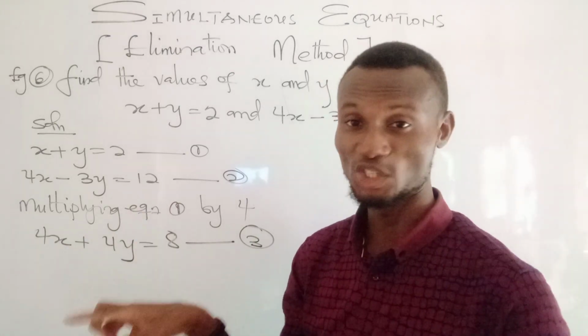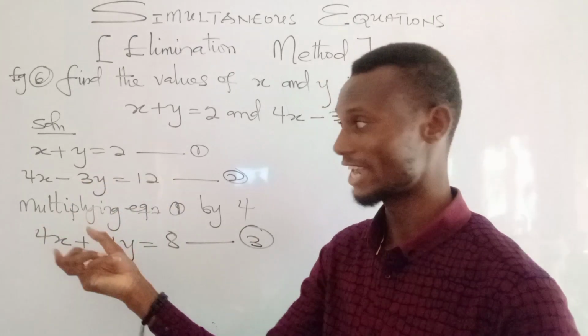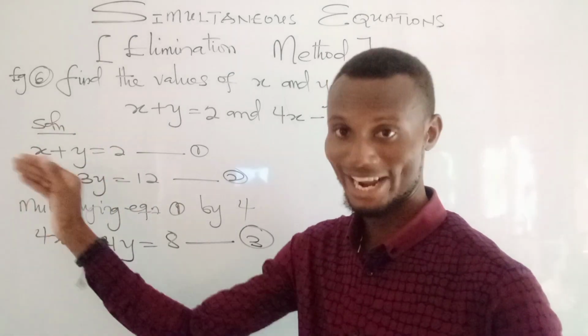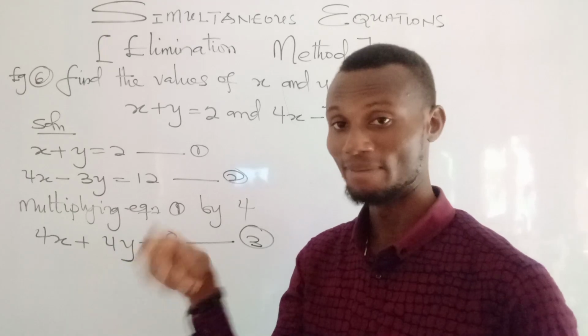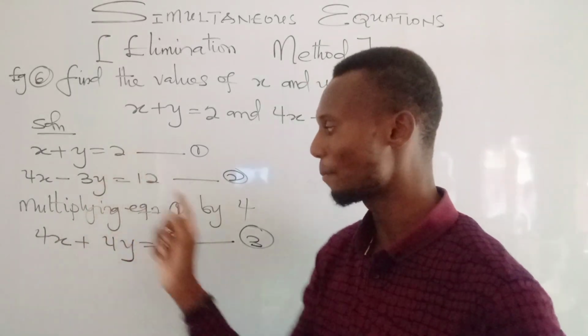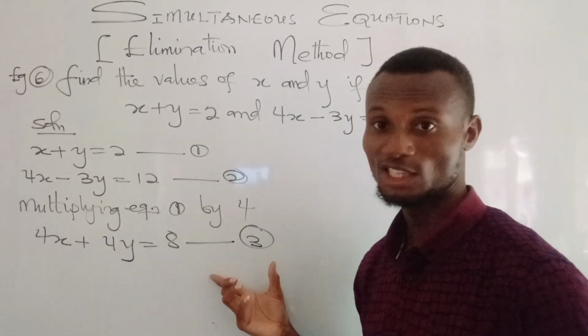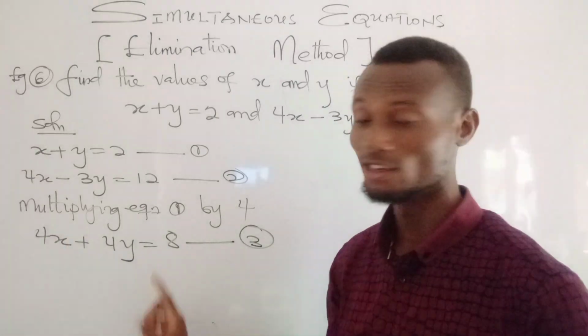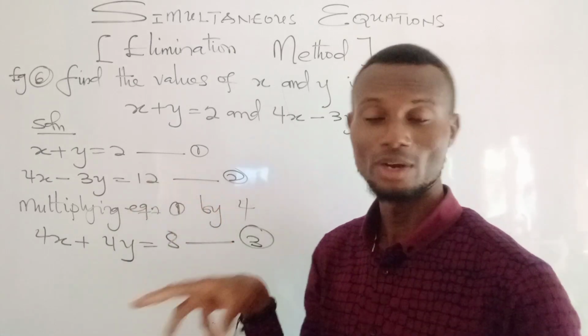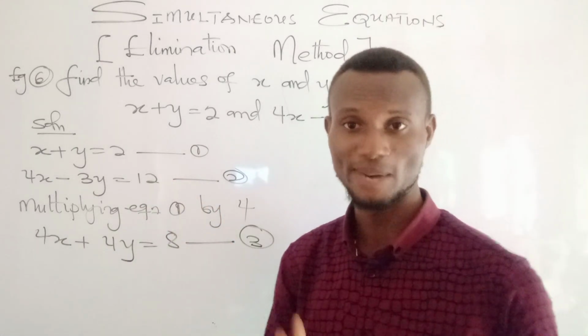We needed to make sure that the coefficients of the variable s are the same before we can eliminate s. So we went through the process of multiplying equation 1 by 4 to get equation 3. So we are going to use equation 3 with equation 2 to do the elimination. I hope the explanation is clear.